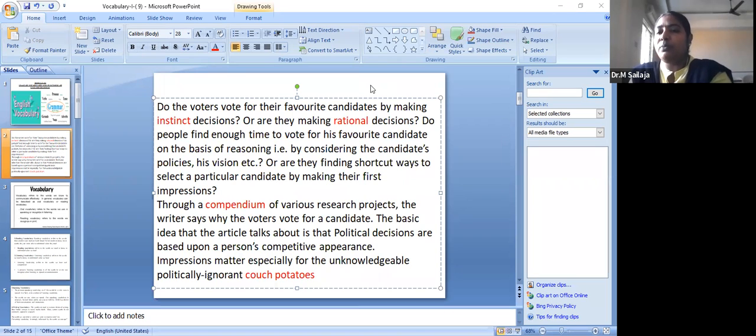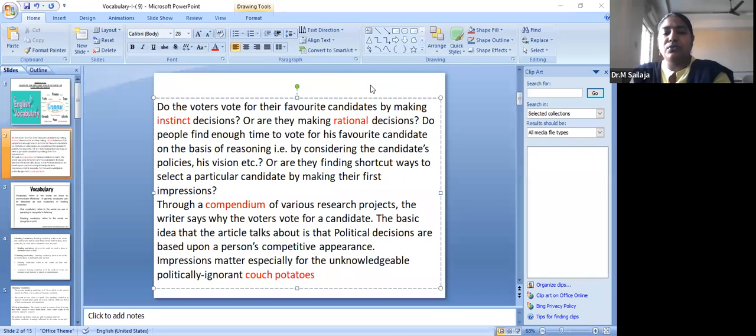Okay, so finally, this is how voters elect their rulers: by considering the rulers' physical appearance, especially by watching them on television, and just listening to the news, all the news channels, all the speeches.